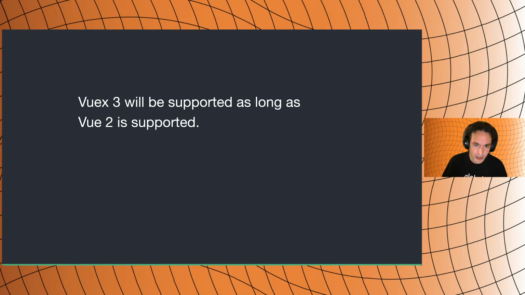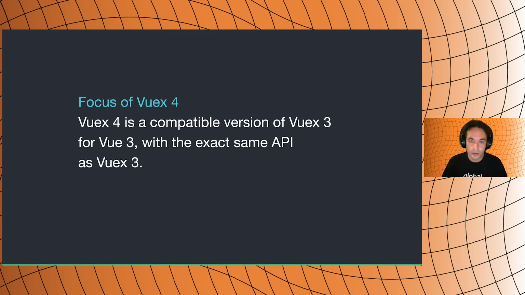Now, Vuex 3 is going to be supported as long as Vue 2 is supported. So if you are using Vue 2 at the moment, and if you're planning to keep using Vue 2, don't worry, Vuex 3 will always be there for you as long as Vue 2 is supported. The focus of Vuex 4 is compatibility. So Vuex 4 is a compatible version of Vuex 3 for Vue 3 with the exact same API as Vuex 3.